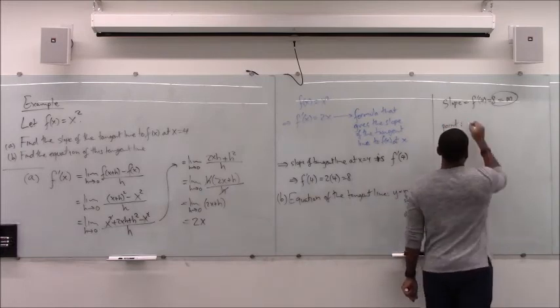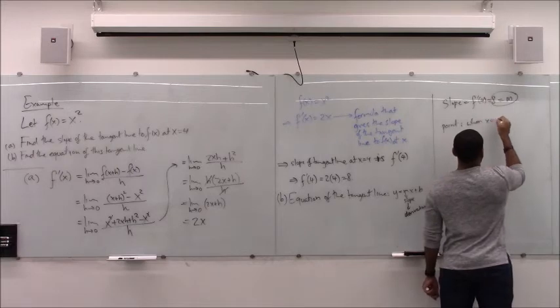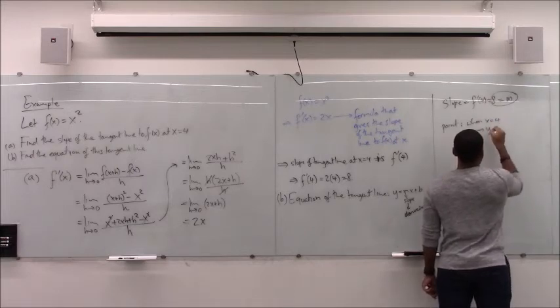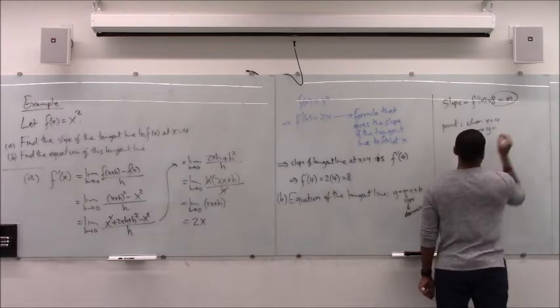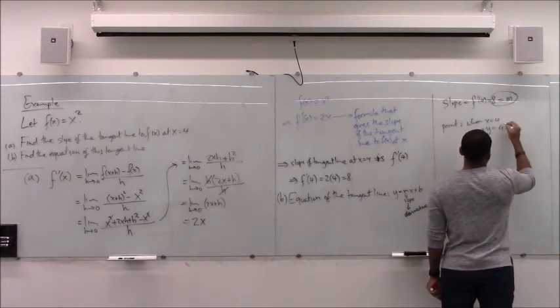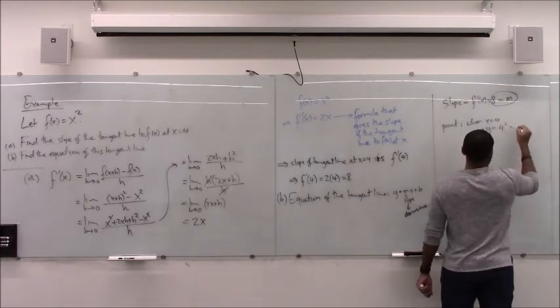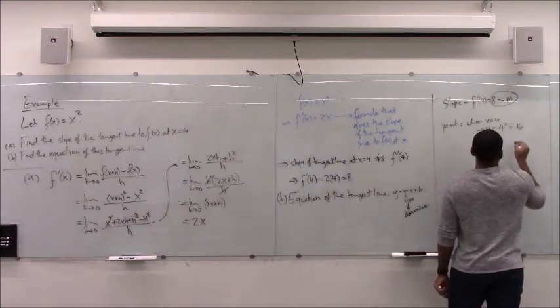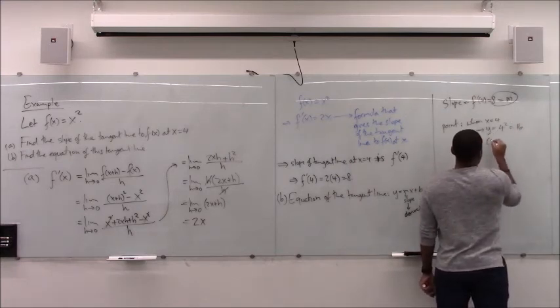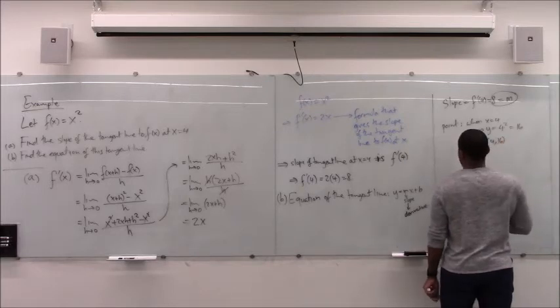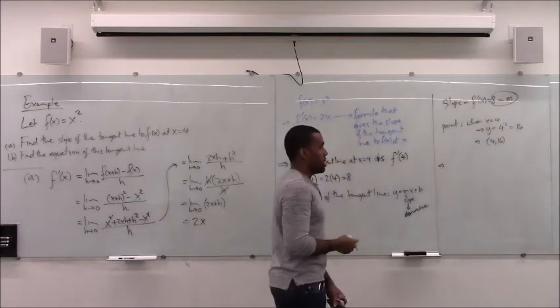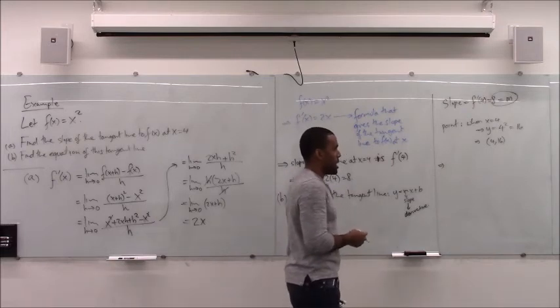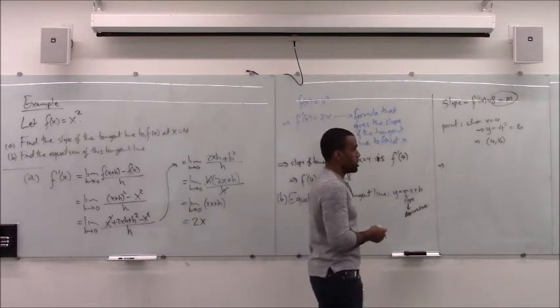Now the point is, when x equals 4, what is the y coordinate? It's going to be 16. y is going to be 4 squared because it's x squared. So the point is (4, 16). So now you want the line that has slope 8 and passes through the point (4, 16).